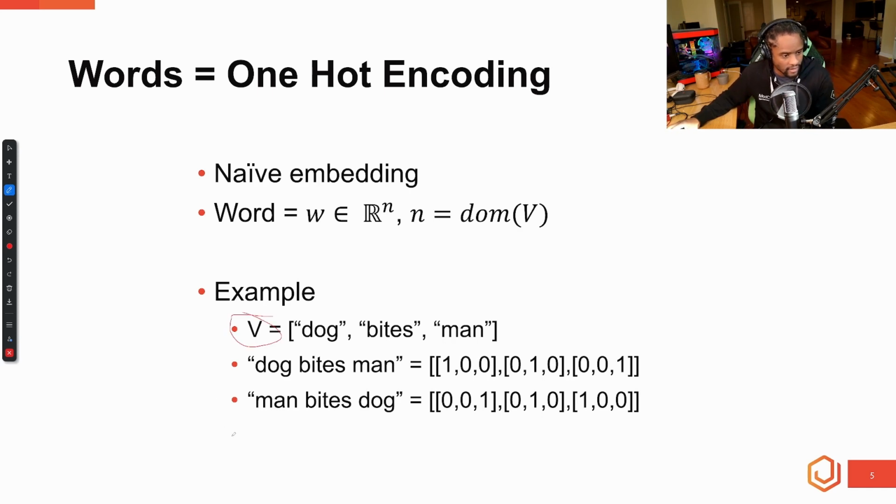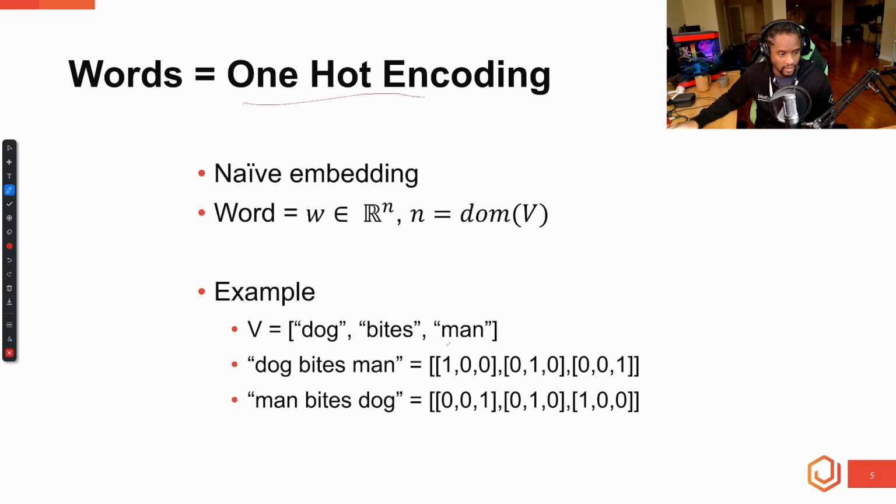All right, so here we have a vocabulary. There are 3 words in it, right? Dog bites man, man bites dog. Here are one-hot encodings for the words. It's one-hot because you have a vector of the size of your vocabulary.